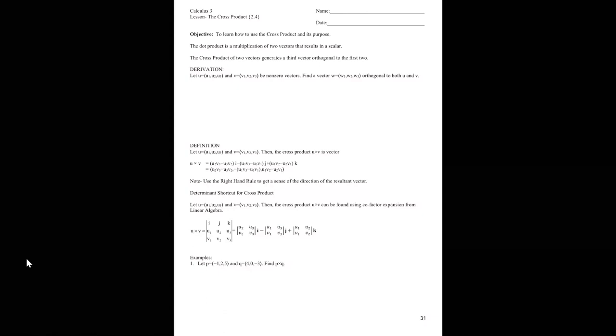All right, so we have U and V are 2 non-zero vectors. What we're going to get is a vector W that's orthogonal to both of them. So I'll draw 2 arbitrary vectors U and V. I'm trying to do a perspective drawing.